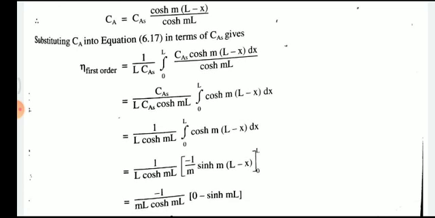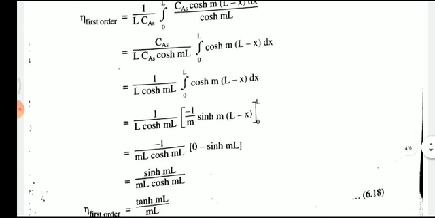So the common terms cancel: from the top side Cs is common, from the bottom cosh ml is common, તો શું થઈ જશે? cosh m(L minus x) dx, બરાબર? કોન્સ્ટન્ટ વેલ્યુ છે. હવે ઇન્ટિગ્રેટિંગ, Cs ની જગ્યા પર 1 upon Cs કેન્સલ, એટલે કે 1 upon L cosh ml, બાકીનું ઇક્વેશન એઝ ઇટ ઇઝ.